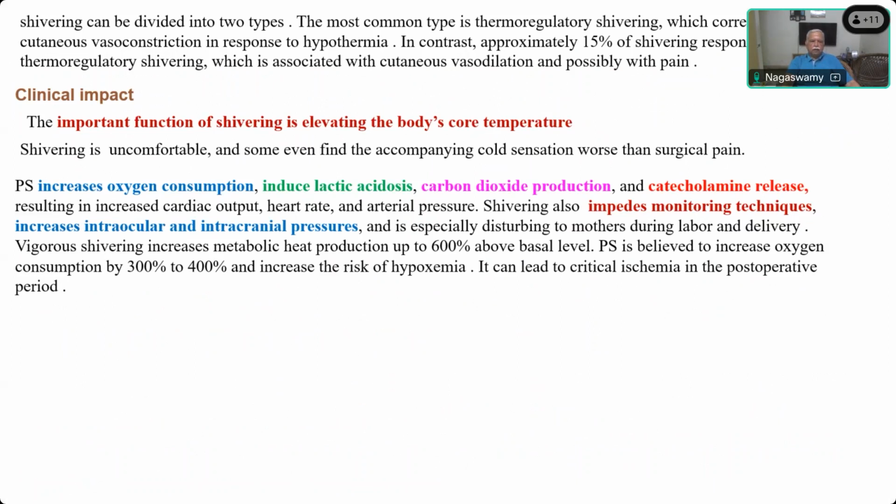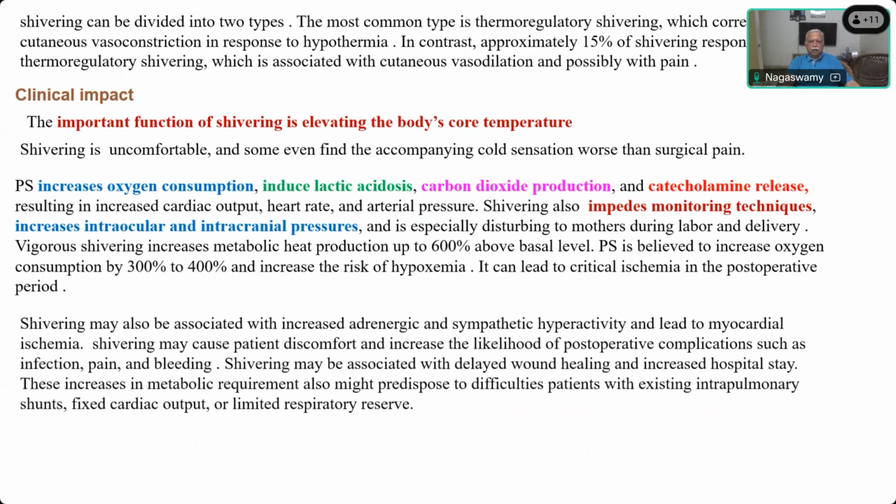It also increases intraocular and intracranial pressures, and is especially disturbing to mothers during labor and delivery. Some of the patients who undergo normal vaginal delivery start developing shivering, either non-thermoregulatory or thermoregulatory. That will be very uncomfortable for them. Vigorous shivering increases metabolic heat production up to 600% and increases oxygen consumption anywhere between 300 to 400%, with the risk of hypoxemia.